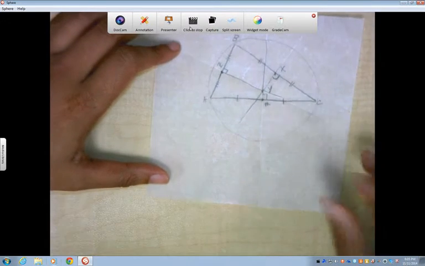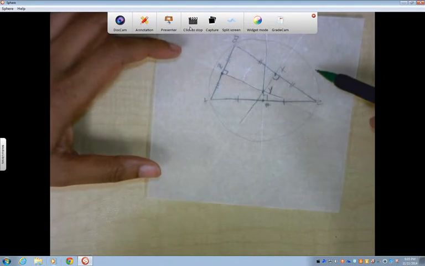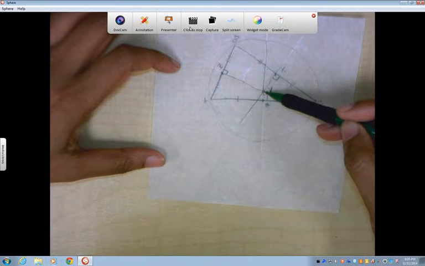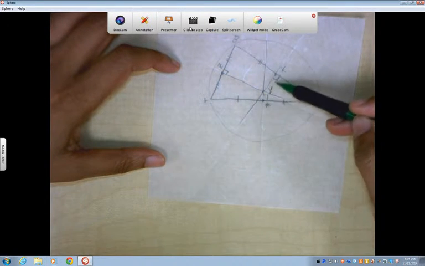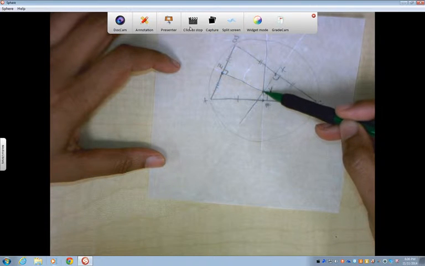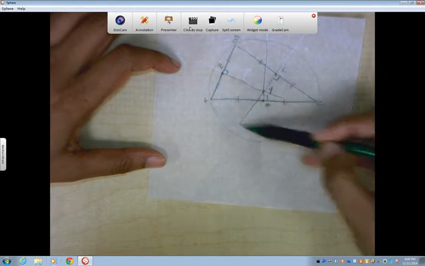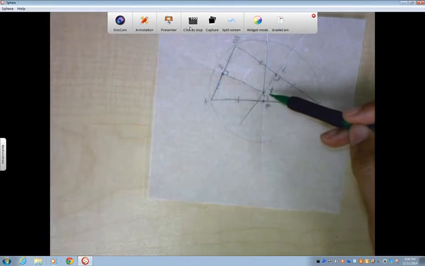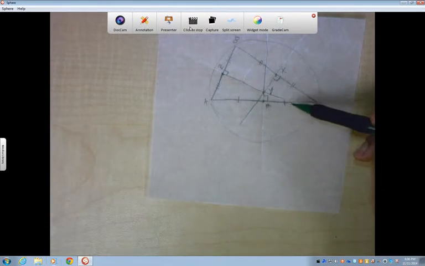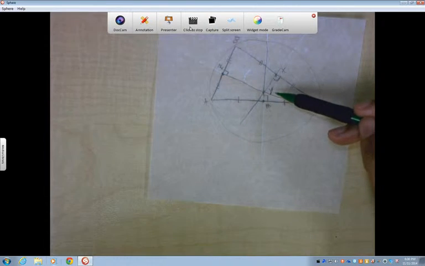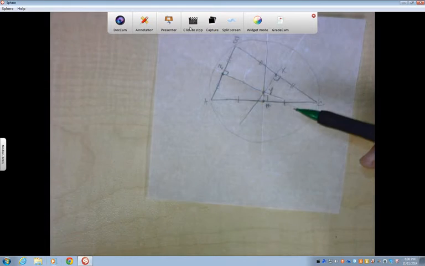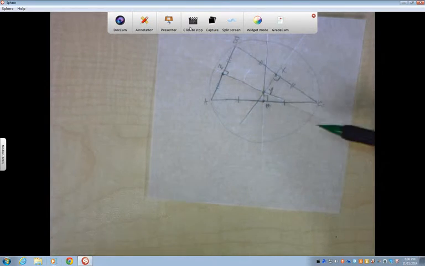So if this triangle was circumscribed, then the circumcenter right here would be the center of the circle. And the circumcenter only exists when perpendicular bisectors intersect each other, and at that point of concurrency, you would have the circumcenter. And so we have a theorem.